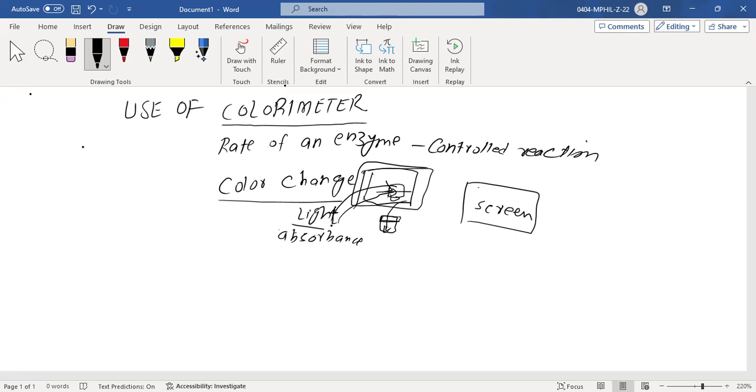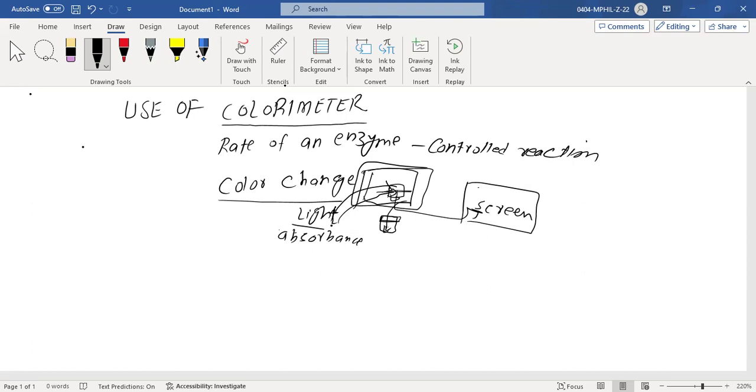Some colors will be absorbed by the solution present in this cup, and when they are absorbed, they will not cross the cup to the other side, to the screen. So whatever is absorbed here, that absorption will be shown on this screen.